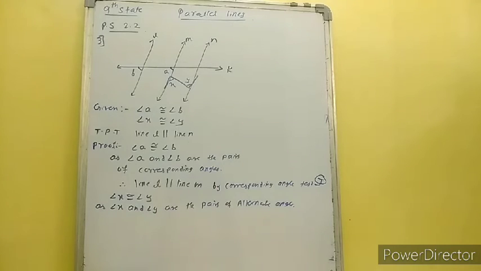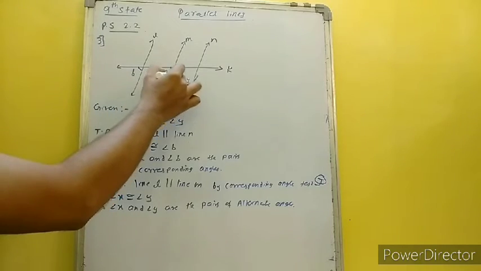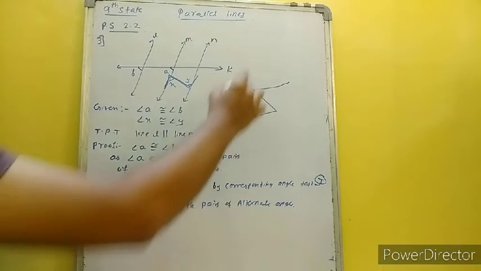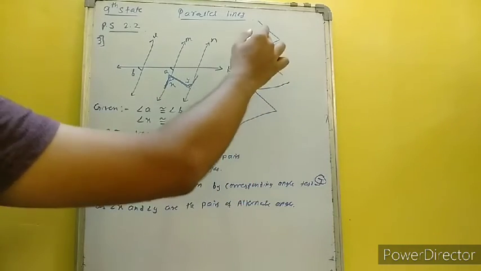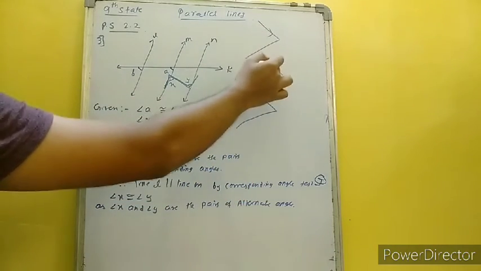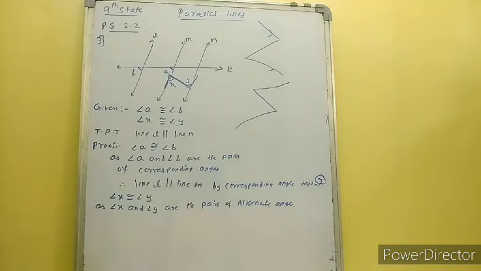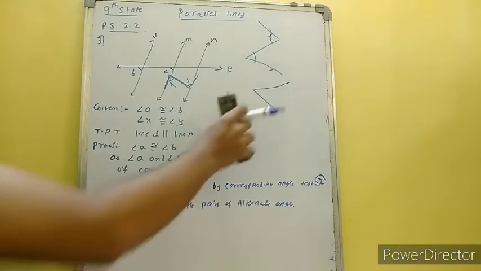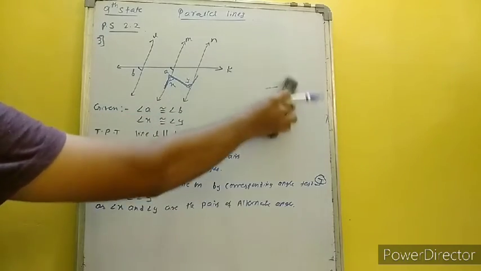As they are forming Z, we can call it as the pair of alternate angles. Okay, and this Z can also form like this. It doesn't mean that these are parallel to each other, but if they are forming Z and the angles are also equal, then we can say that the lines are parallel.